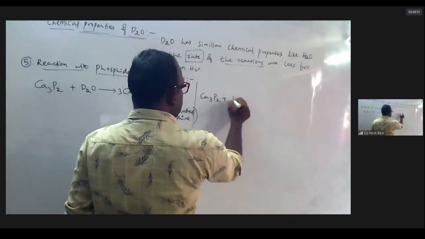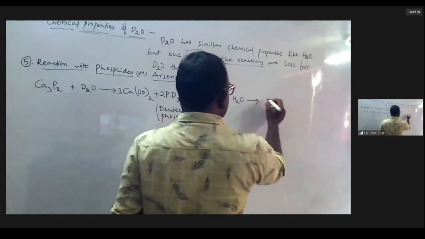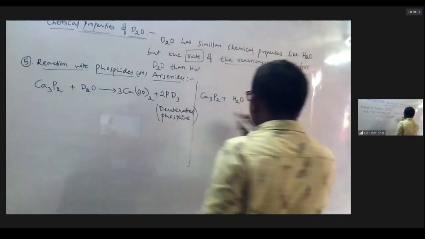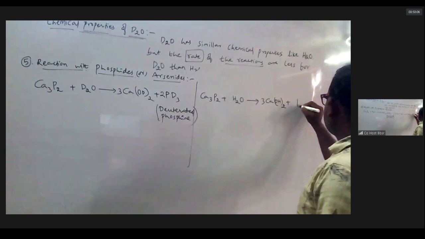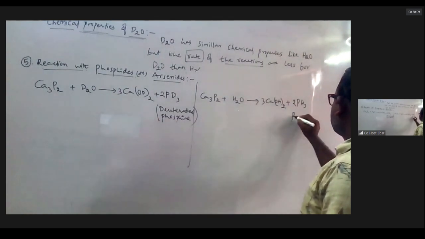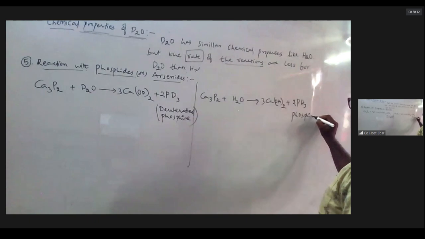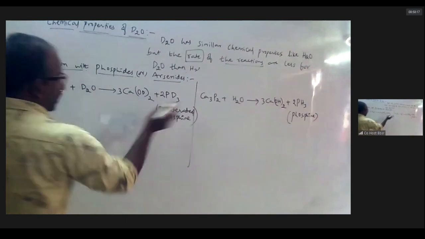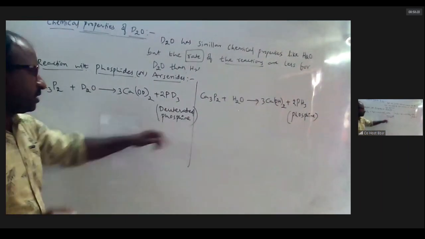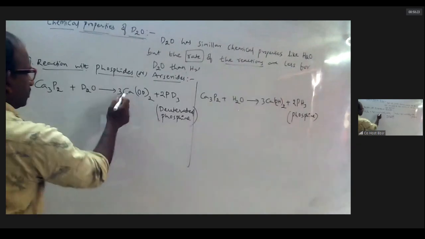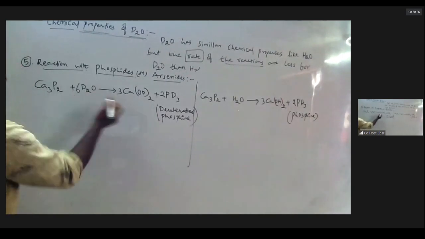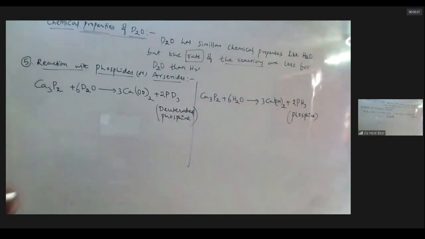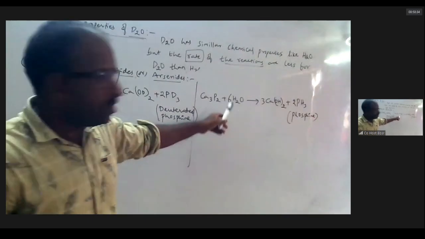Ca3P2 plus H2O, what do you get? 3 calcium hydroxide plus 2 PH3. This is called phosphine. This is calcium hydroxide, and with D2O it is deuterated calcium hydroxide, and you get deuterated phosphine. You have to balance the oxygens, 6 here and also 6 here.